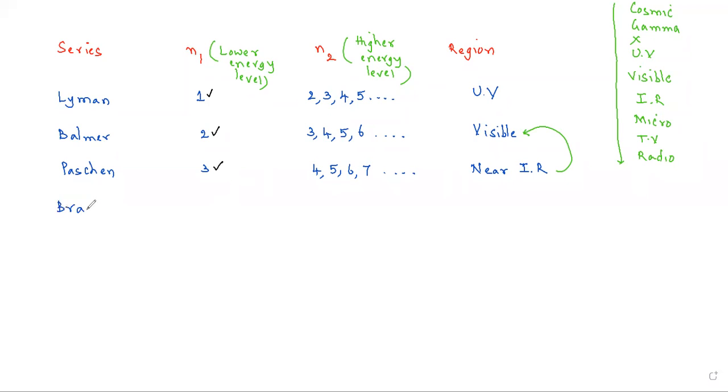Now, coming to the Brackett series. From any higher energy level to the fourth orbit, when electrons get de-excited, we get spectral lines in the Brackett series, and this series is observed in middle IR.